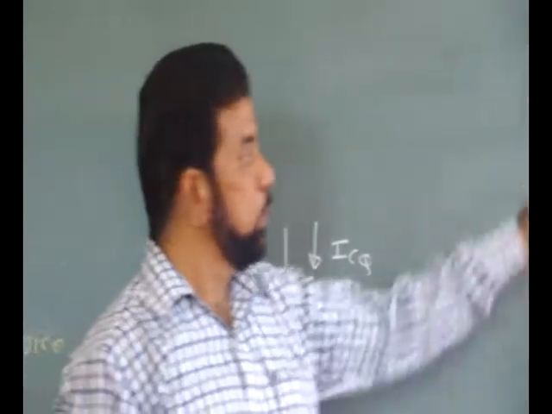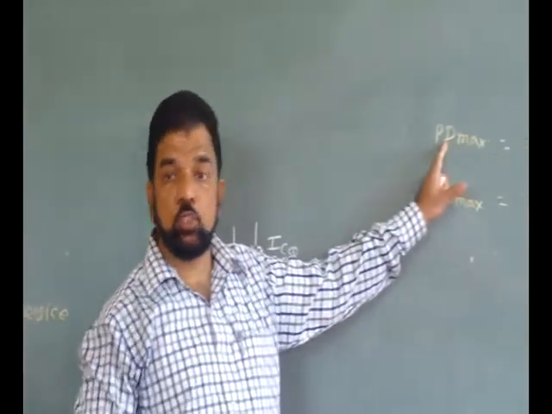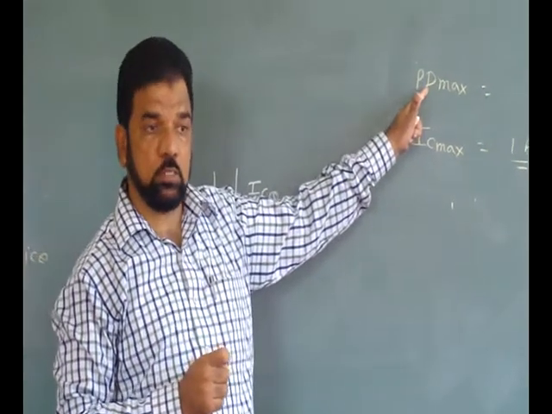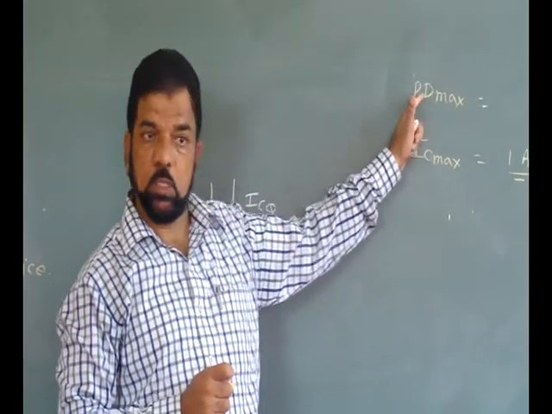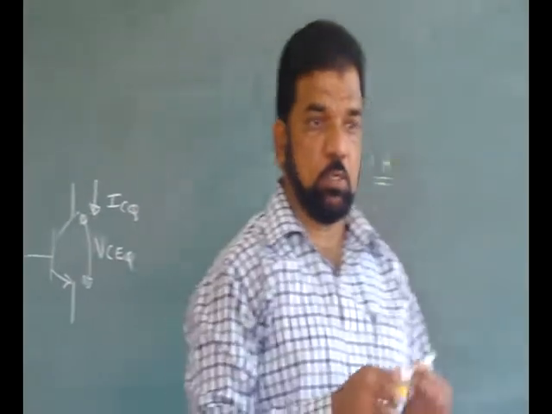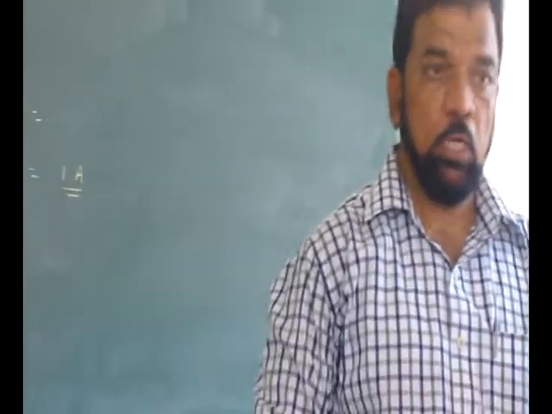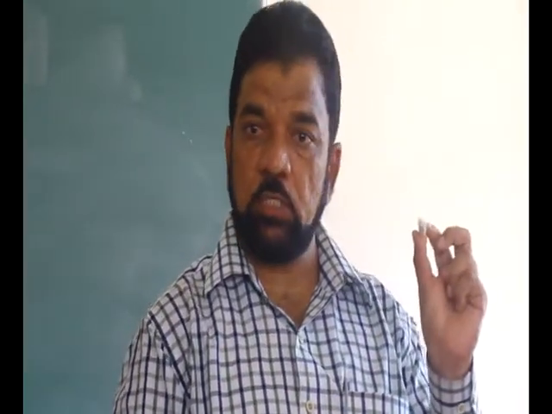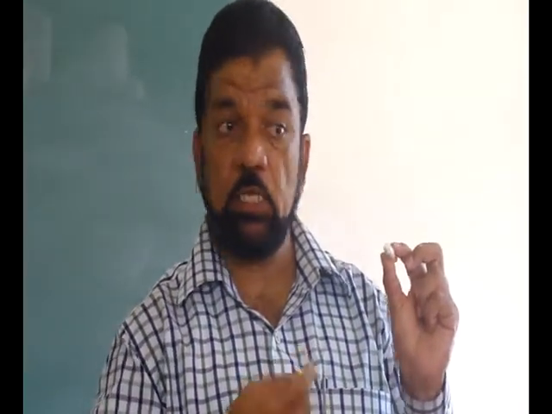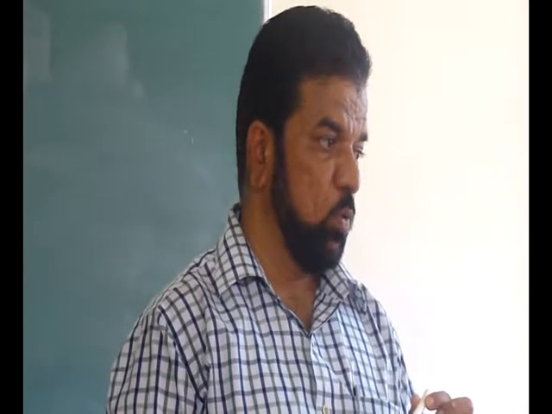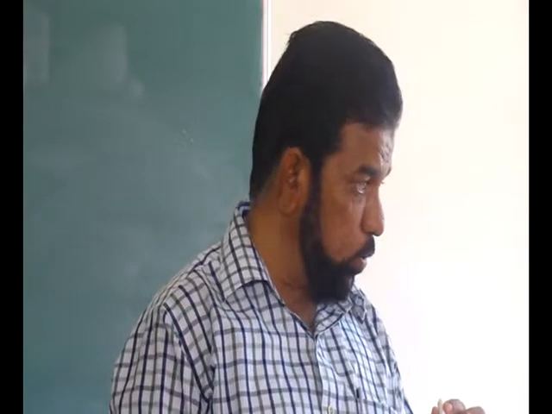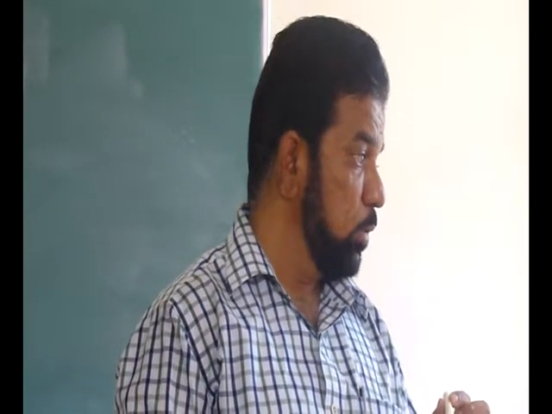Okay, another important specification is PD max. How to read this? This is the maximum power dissipation. Now why is it important? We should go to the basics. When current passes through a semiconductor, the temperature of the device increases.